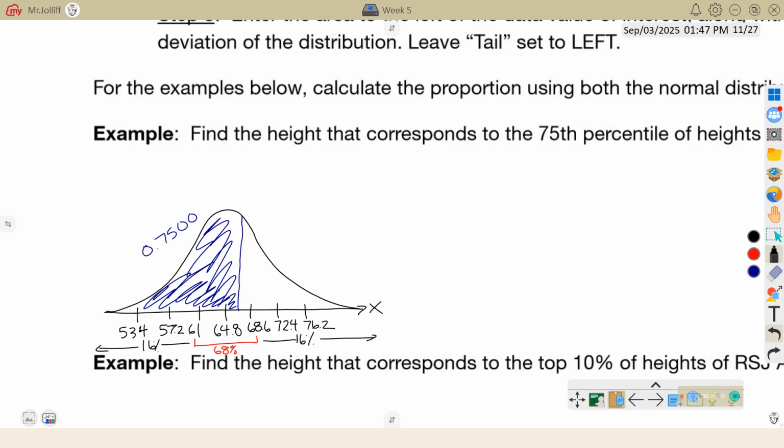I'll give you a second. There's going to be one a little bit bigger and one a little bit smaller. As I've done this already once today, I have found them. I will give you a second to find them.